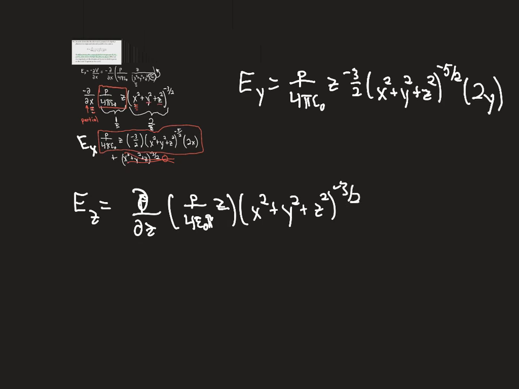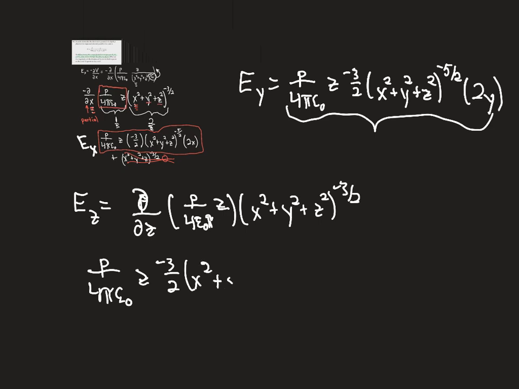So this same concept that let us get our EY very quickly, we can get part of EZ very quickly. So we can just repeat this, p over 4 pi epsilon naught times z to the negative 3 halves times x squared plus y squared plus z squared to the negative 5 halves. And this is going to be times 2z.